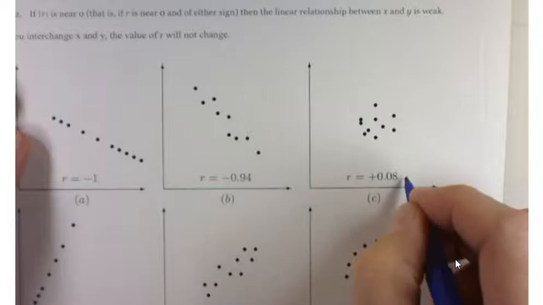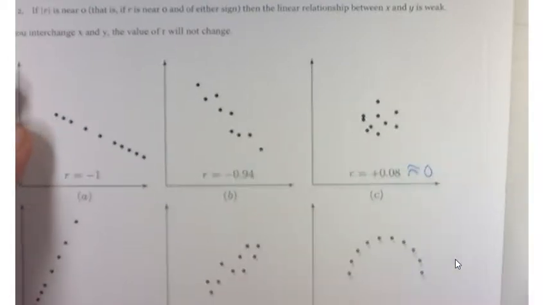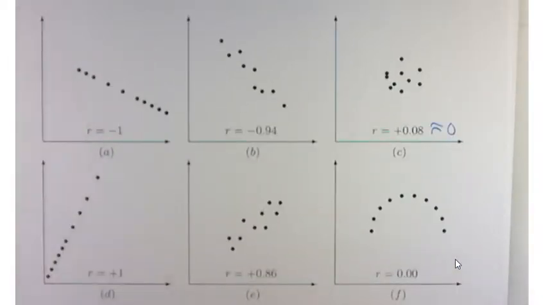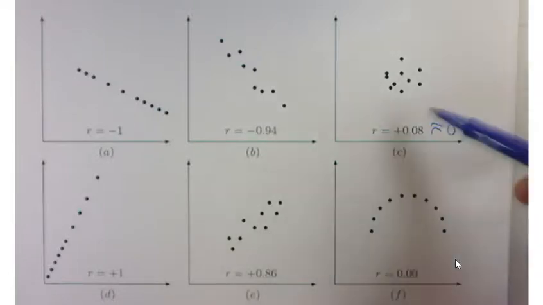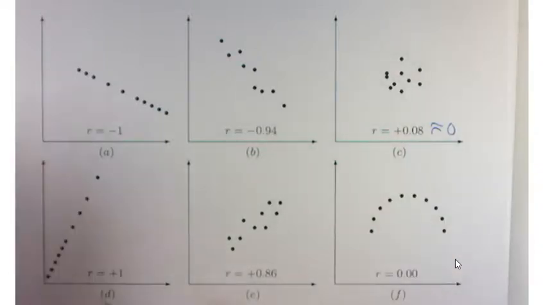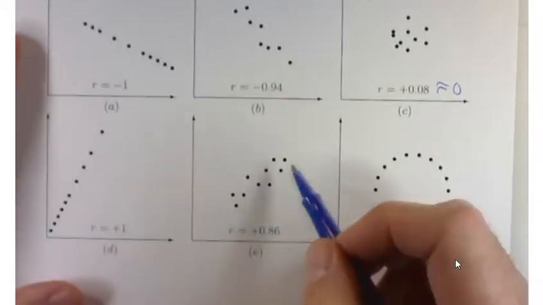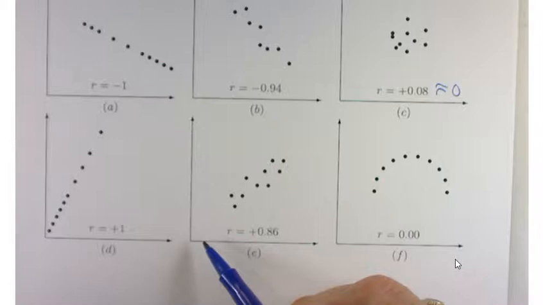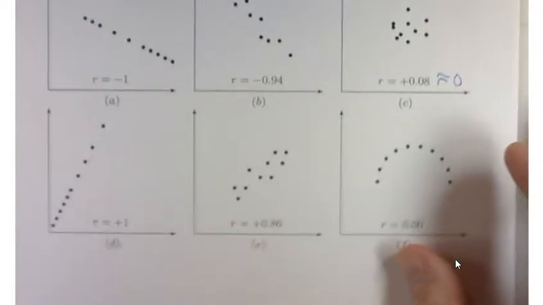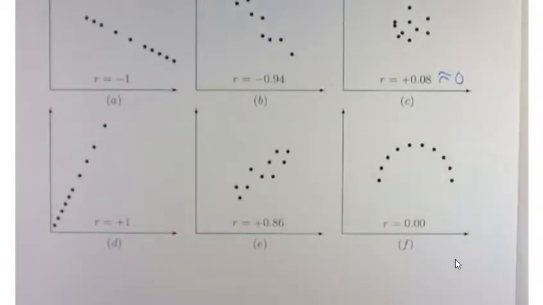So this is getting close to 0. 0 means there's no linear correlation. So that's not very helpful. On the positive side of things, perfect linear correlation. Still not bad. Over here, R value of 0.86. I think lots of researchers in the social sciences would be thrilled to get an R value that big.